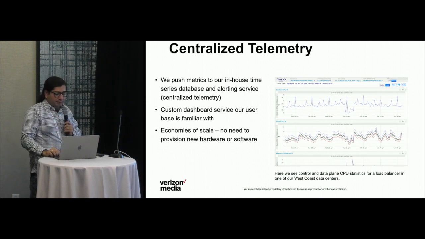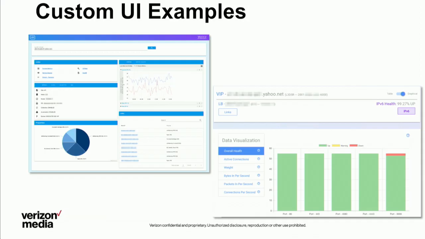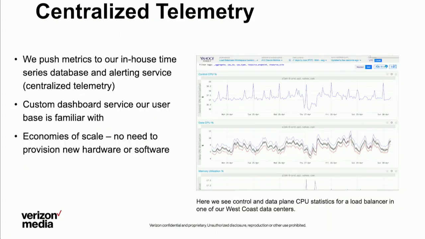In our case, internally, because this is a big central cluster, we don't manage it. It makes operations much easier for us. But in addition, we also have custom UIs. This is again a view of the load balancer. Here we have simple charting, which is very useful. It helps you figure out trends and anomalies.